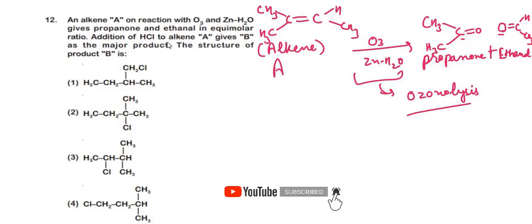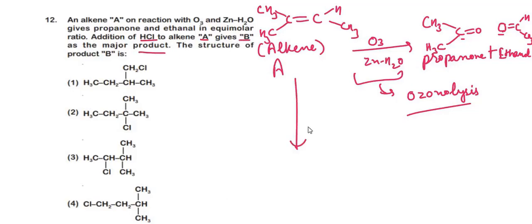Now read the statement: addition of HCl to A gives B as a major product. So when we add HCl to this compound A, the major product is B, and we have to predict the structure of B. Now HCl is added here. There is no presence of peroxide here, so the addition takes place by Markovnikov's rule.